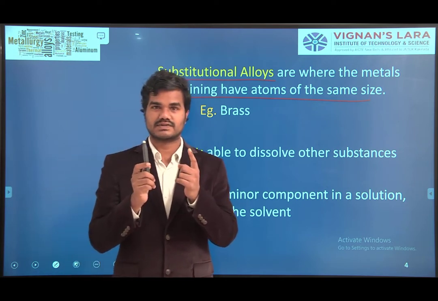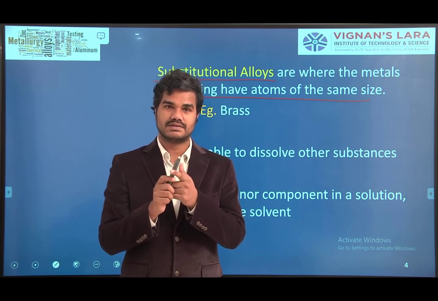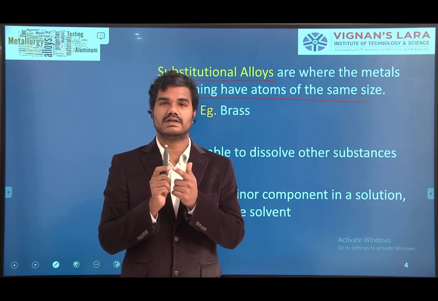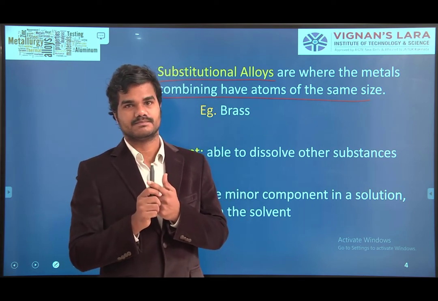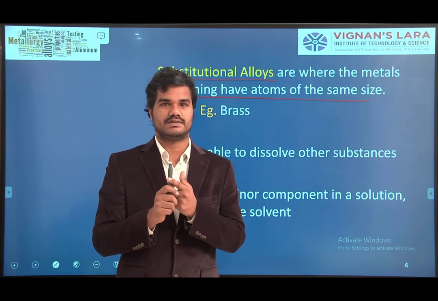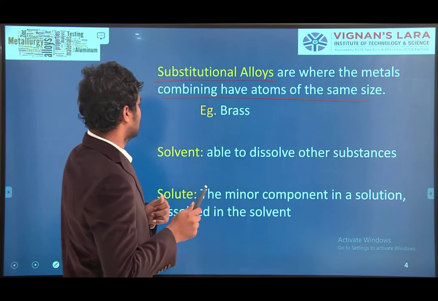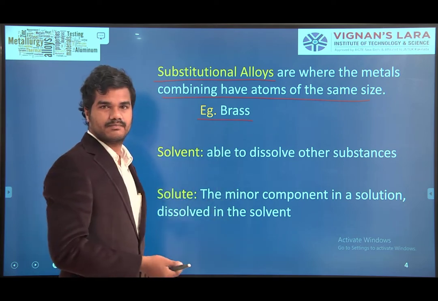When both the atom sizes are the same, after combination it becomes an alloy. Those alloys come under substitutional alloys. Example is brass. We already discussed this, we are just recalling.